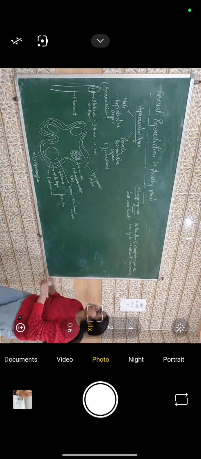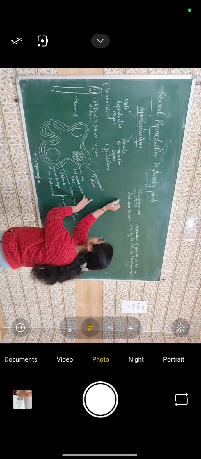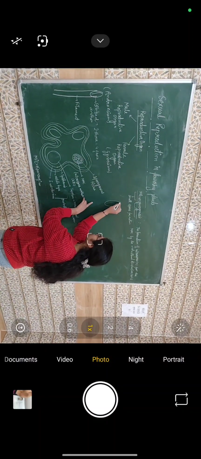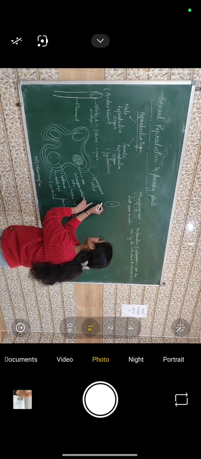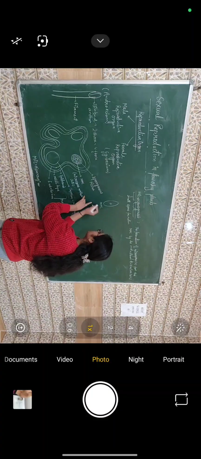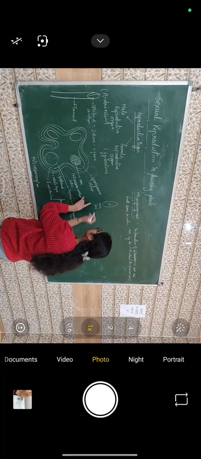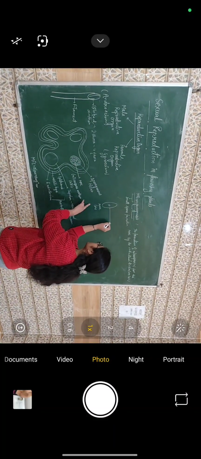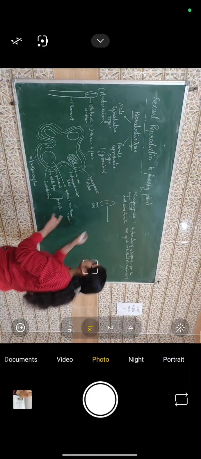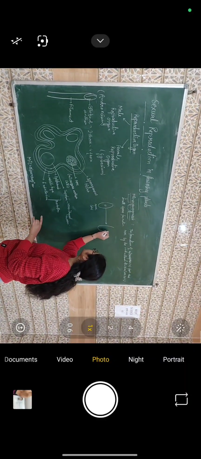So if we conclude it diagrammatically, basically it is an MMC and it is diploid in nature. After this, the MMC will form two cells.